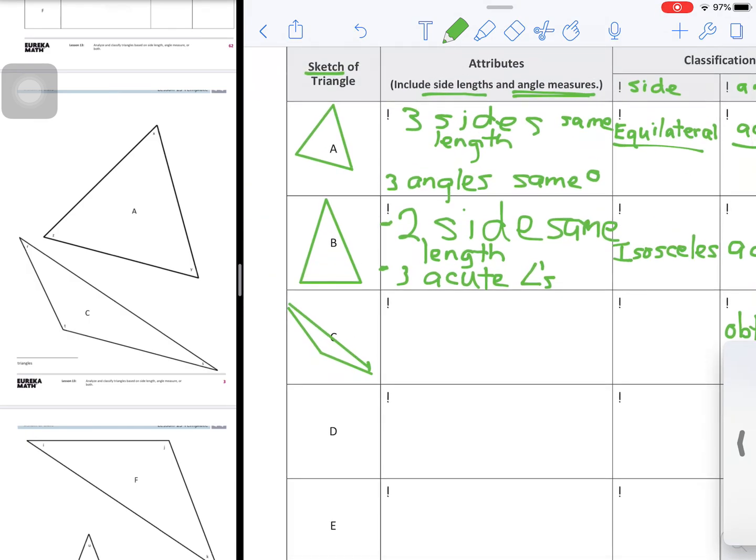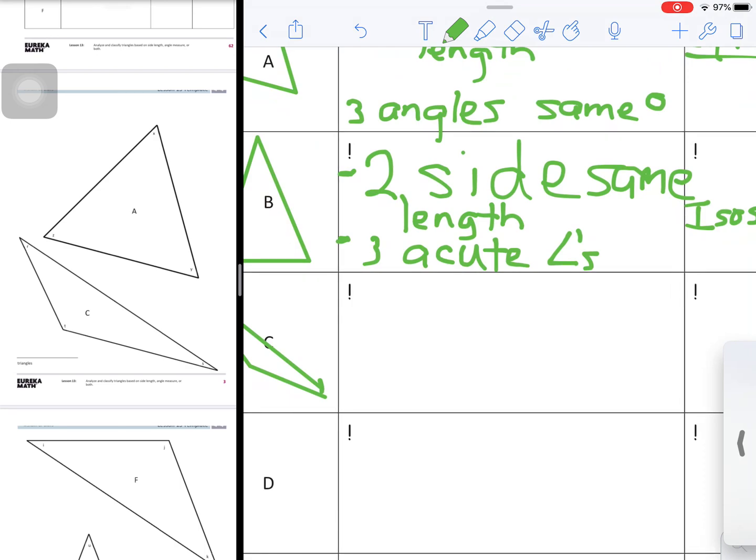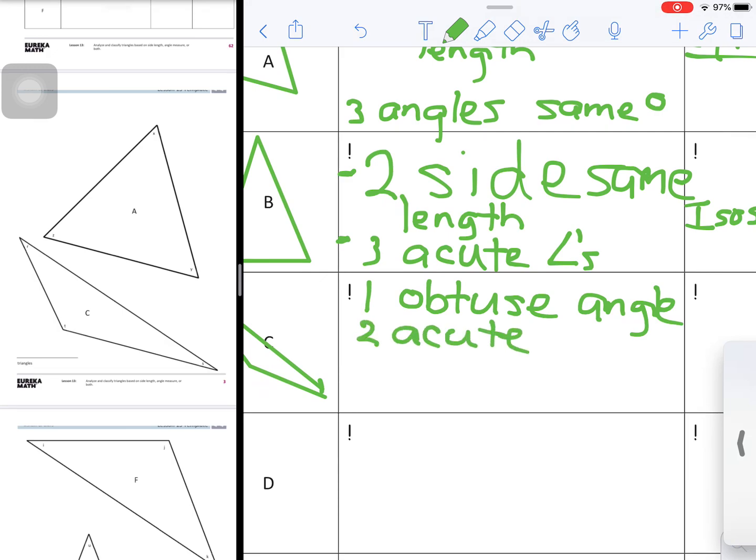So I'm going to go back to my attributes here and say it has one obtuse angle. It also has 2 acute angles. But the obtuse one is where it gets its name.